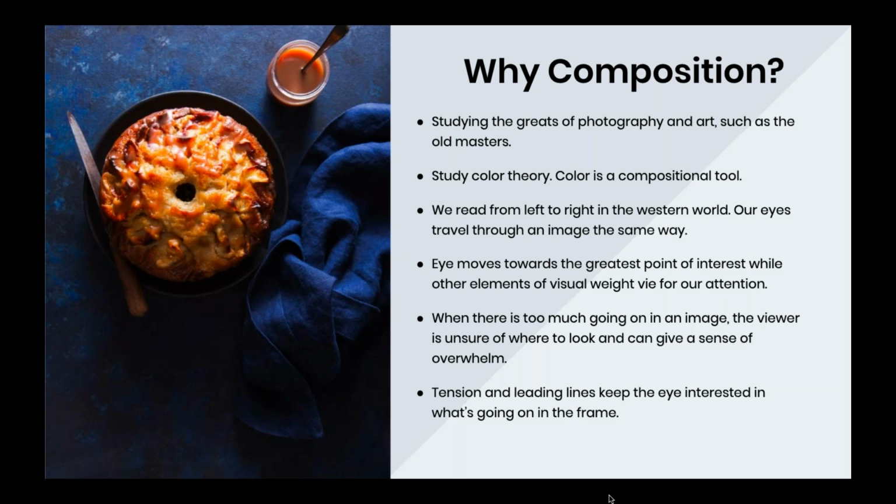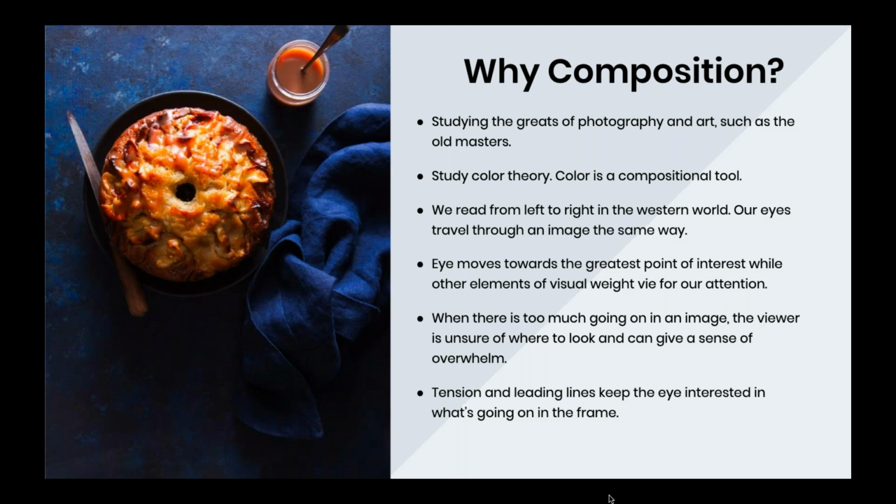But composition will still help you achieve a certain effect, even if you have a lot of things, if you do it correctly. It's just important to not have too much going on in an image, because if you have a lot of items and you don't have negative space and you're not creating that flow, then the viewer can end up being unsure of where to look. And that almost gives a sense of overwhelm and claustrophobia.